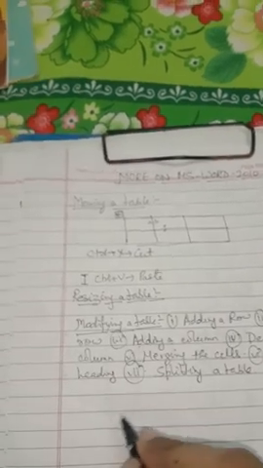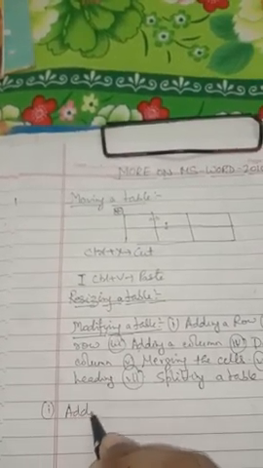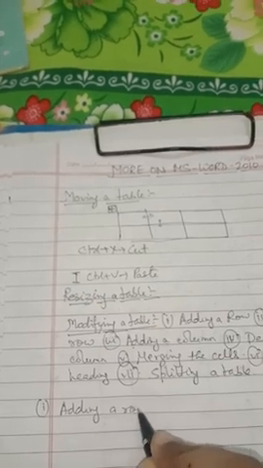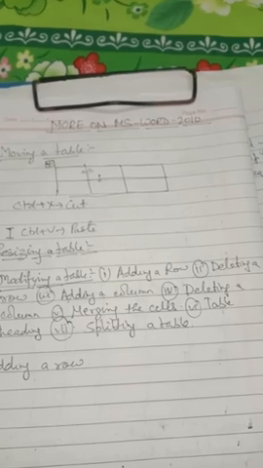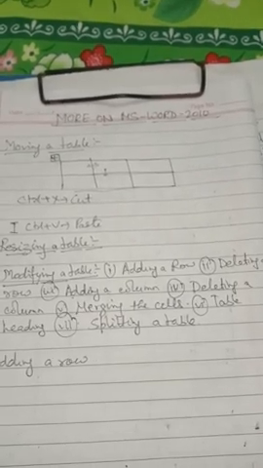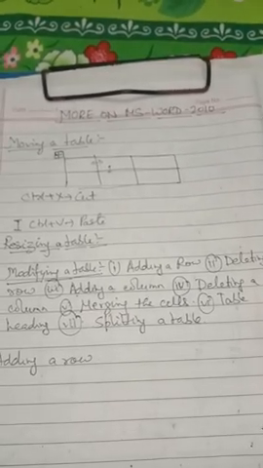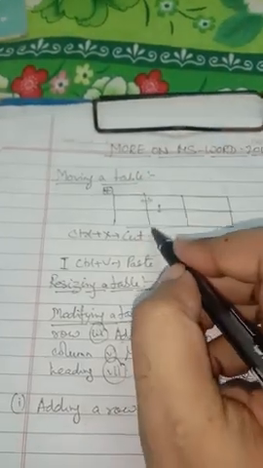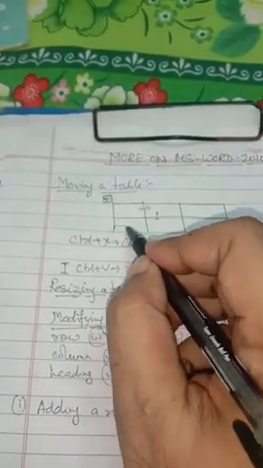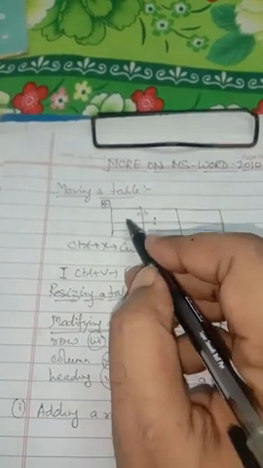So first of all, we begin with adding a row. Now how will you add the row? First of all, click on the row where you want to add additional rows. Suppose there are 3 rows over here.